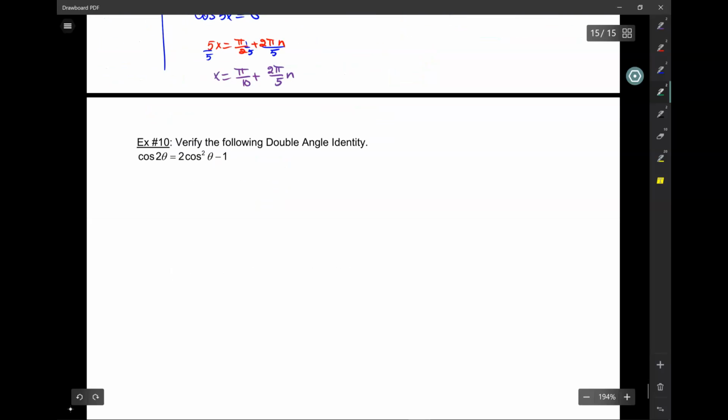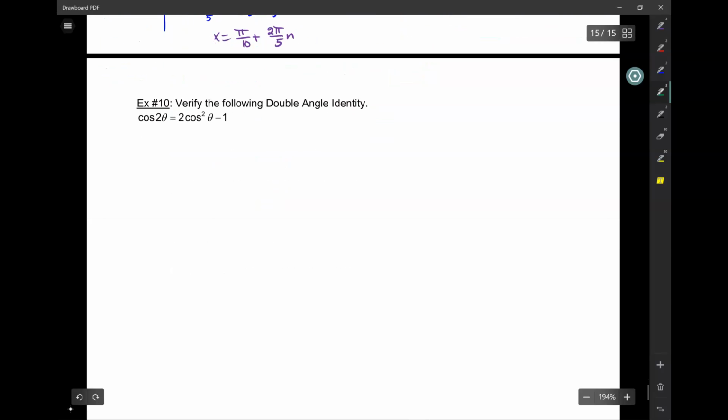Well, how am I going to verify? Because there isn't enough space there, I'm just going to rewrite that in the middle here. Cosine 2 theta is equal to 2 cosine squared theta minus 1. So verify that cosine 2 theta is in fact that.